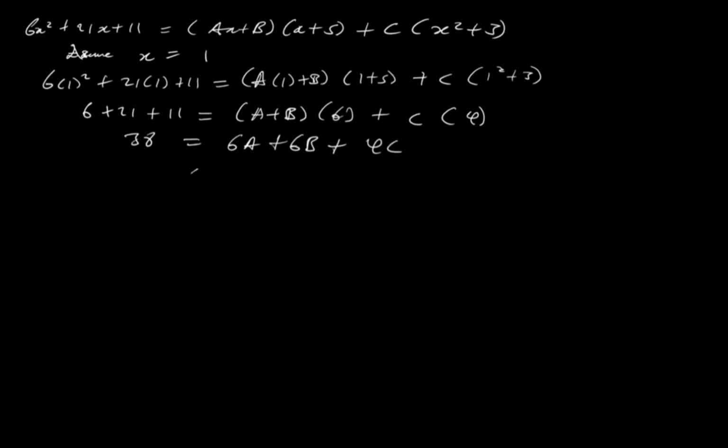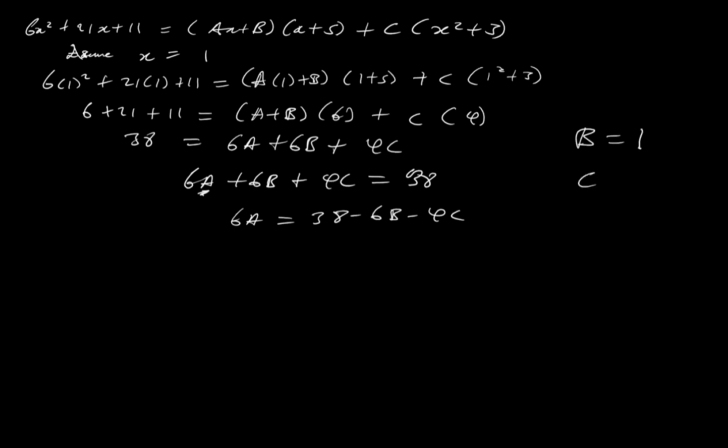Now remember that having 6a plus 6b plus 4c being equal to 38 won't really give us all that we need. Remember, in this case, we're solving for a. So let's take everything on the other side. 38 minus 6b minus 4c. Remember that b was what? 1. And c was what? 2.